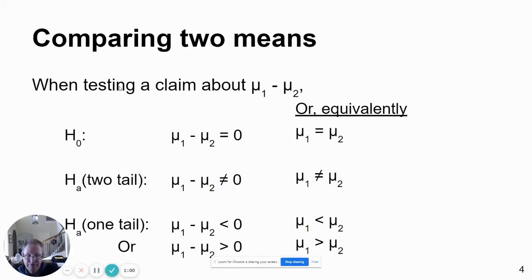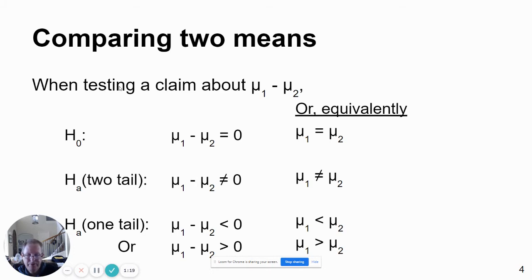The null hypothesis has a general form: mu1 minus mu2 is equal to some hypothesized value. And the most common hypothesis is that the two populations have the same mean, or that the treatments have the same effect. But it's reasonable to consider other situations.